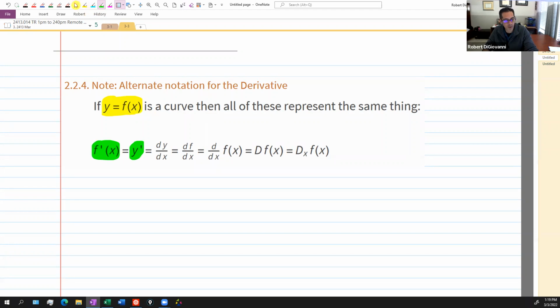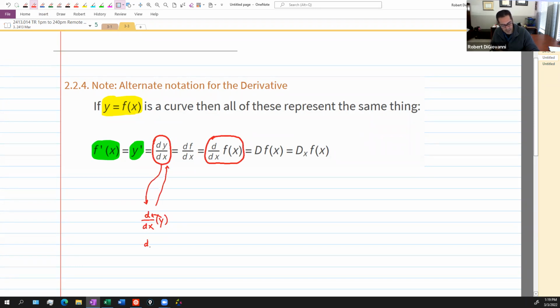The ones that I really want to pay attention to today are this notation, dy dx, and this notation right here. And I want to really make sure you understand what they mean. This first one, another way you could write this would be d over dx of y, right? In other words, that y can just slide on top up here, and that's how it becomes dy over dx.